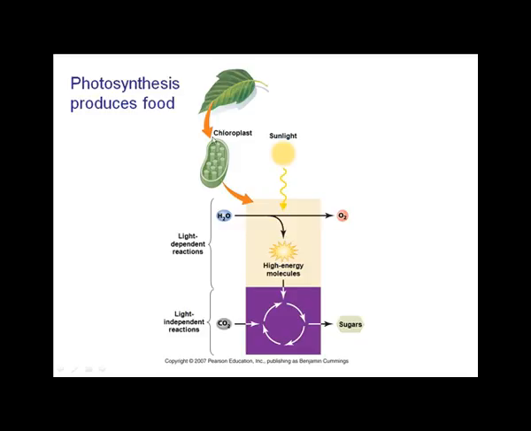Each of the cells has inside of them these organelles called chloroplasts. And inside the chloroplast is a molecule, a large compound called chlorophyll. Now, chlorophyll is the compound that can absorb the sunlight and do the reactions that are needed to create food from raw materials and sunlight. There are two steps, right?